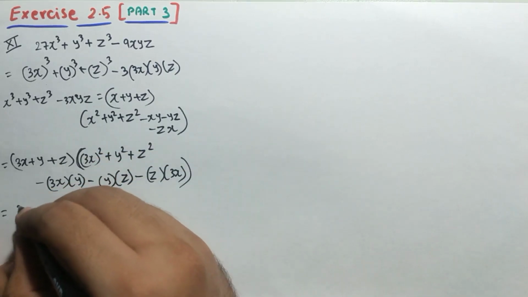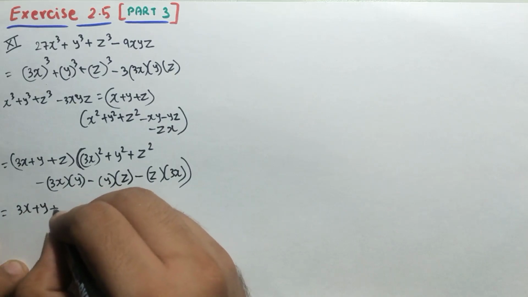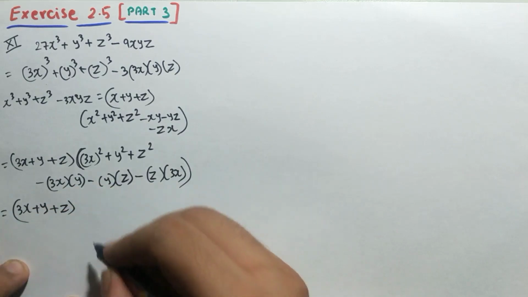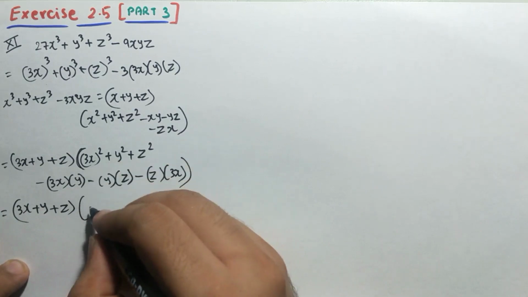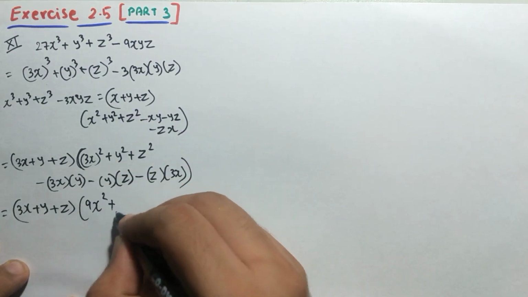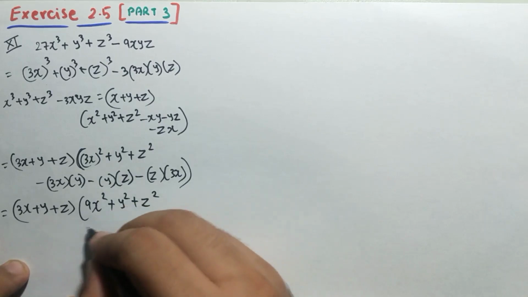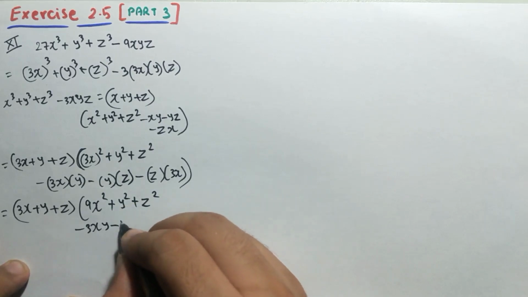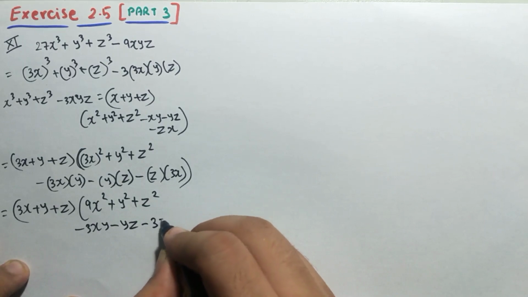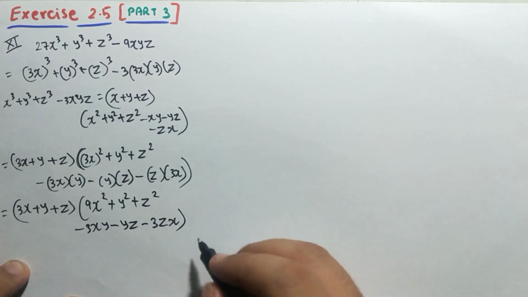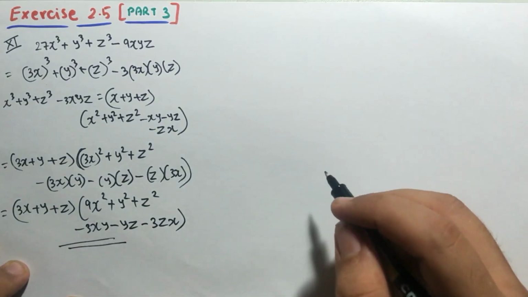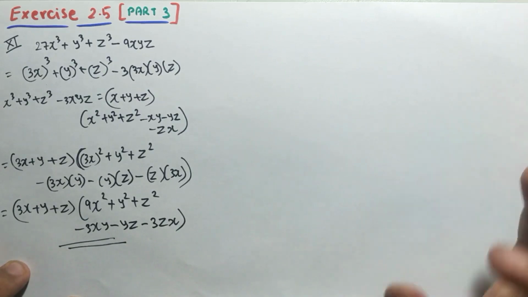So this would be 3x plus y plus z as it is, and here it will be 9x square plus y square plus z square minus 3xy minus yz minus 3zx. This is the final answer.